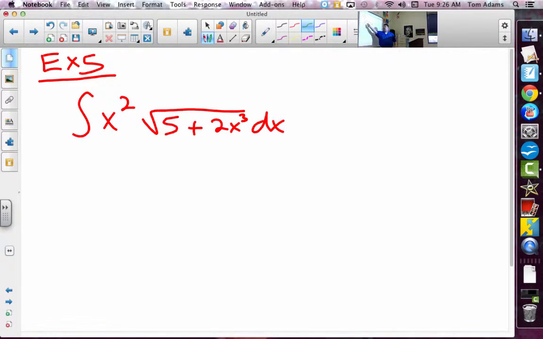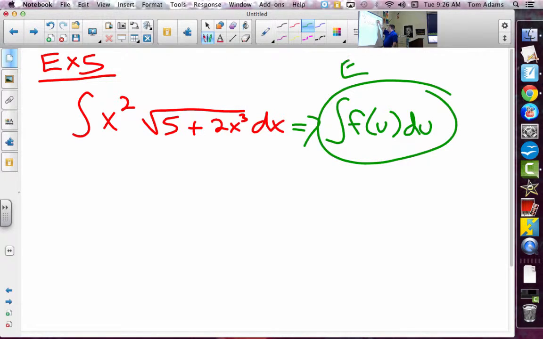It could be x squared, it could be 5 plus 2x cubed, I'm not quite sure. But I'm going to choose a u value, and what I'm going to do in the next step is, it should work out, instead of f of x dx, I'm going to have something like f of u du, and this will be very easy to find the antiderivative.